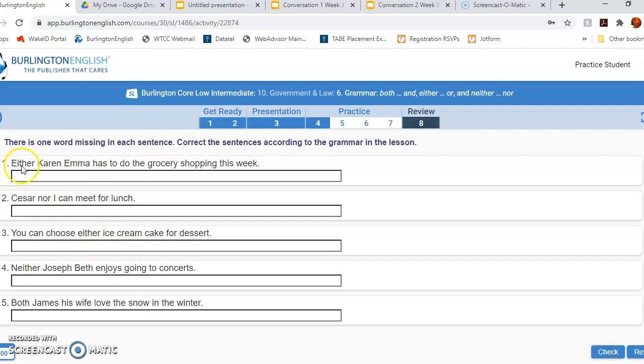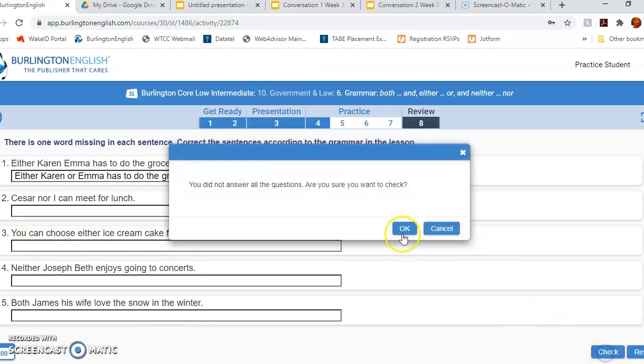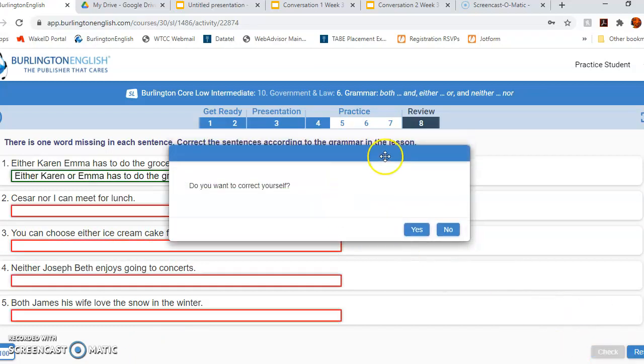So, for example, this one: either Karen Emma has to do the grocery shopping this week. So which one is the pair with either? It is or. Either Karen or Emma has to do the grocery shopping this week? We're going to check it. Remember? Yep, I know. Okay.